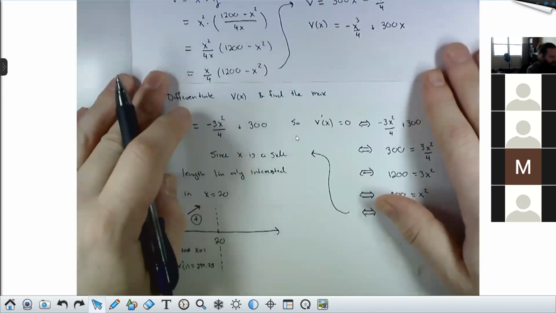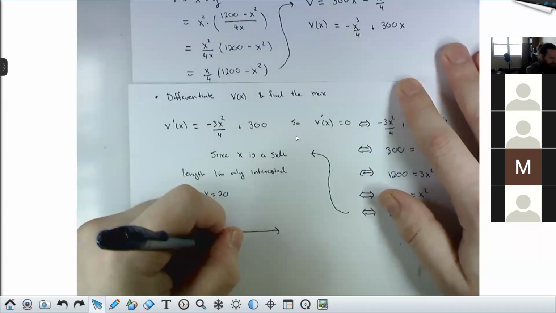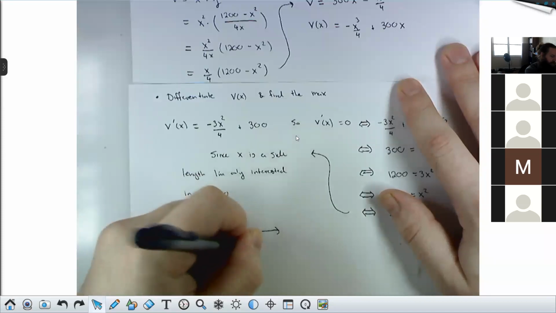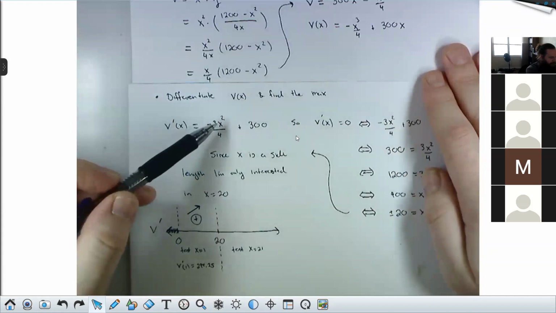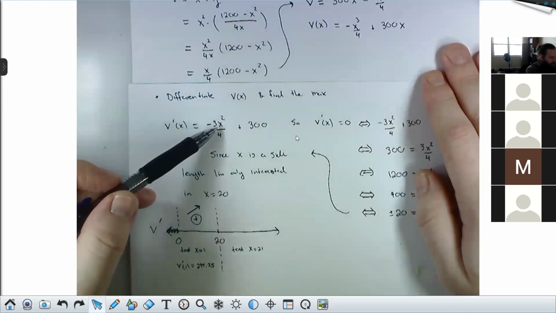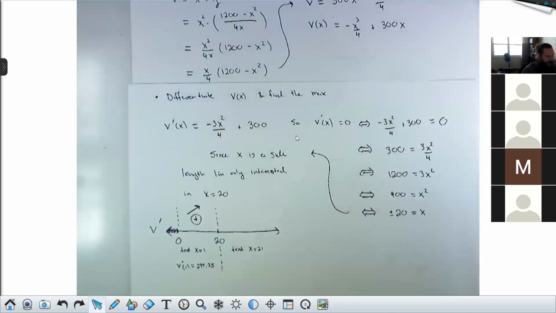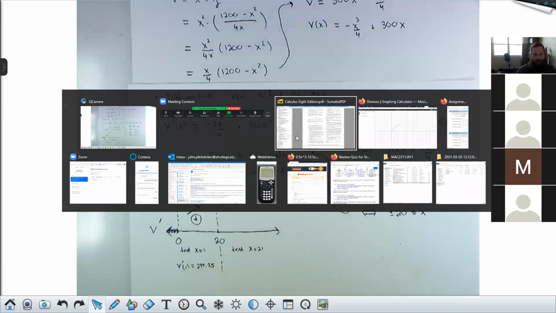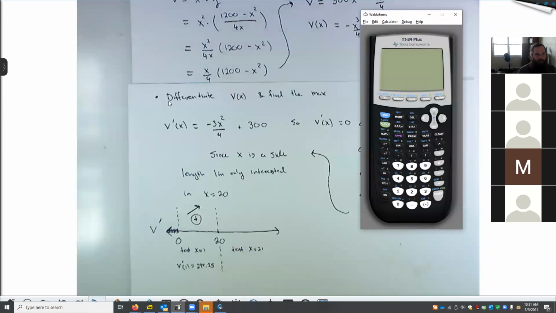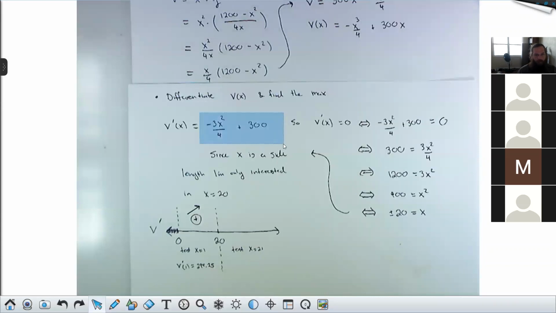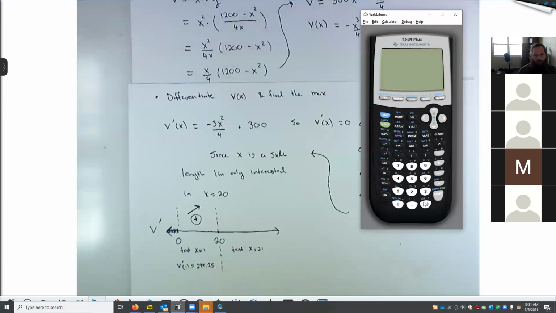And on the other side, I could test something like 21. So 21 squared is what, 4? I'm not sure off the top of my head. We're going to use a calculator here if we want, just to double check our arithmetic. Thank you, Trevor. So I'll need to be plugging 21 in here.